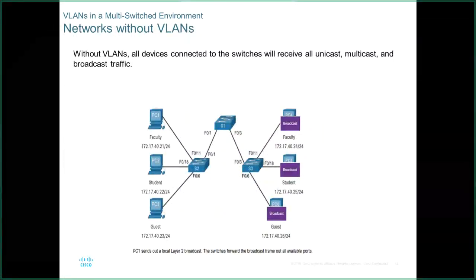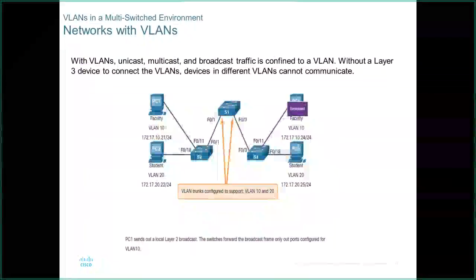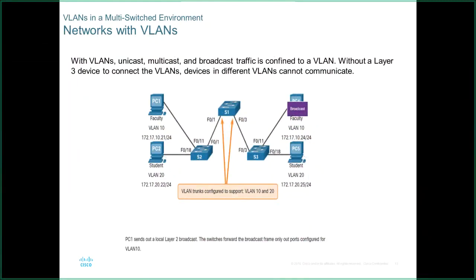So without VLANs, when a broadcast is sent, all devices connected to all the switches receive the broadcast. With VLANs, the broadcast stays only within its own network. So if VLAN 10 PC1 sends a broadcast, it only goes to switch 2.